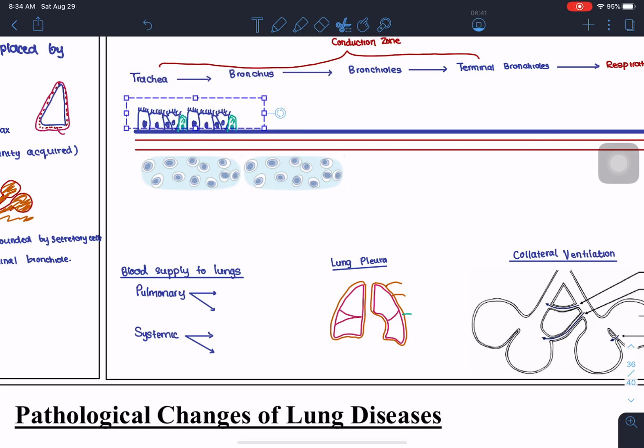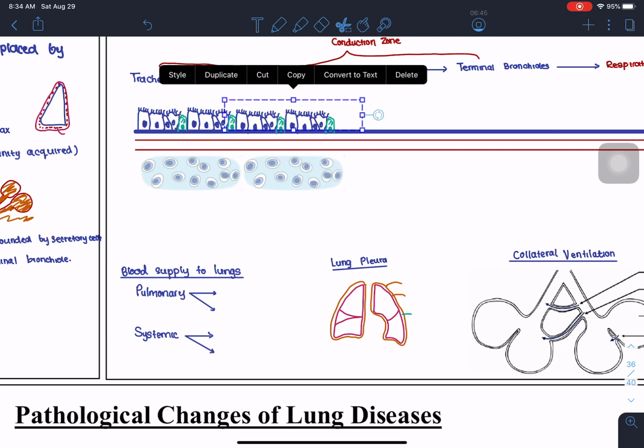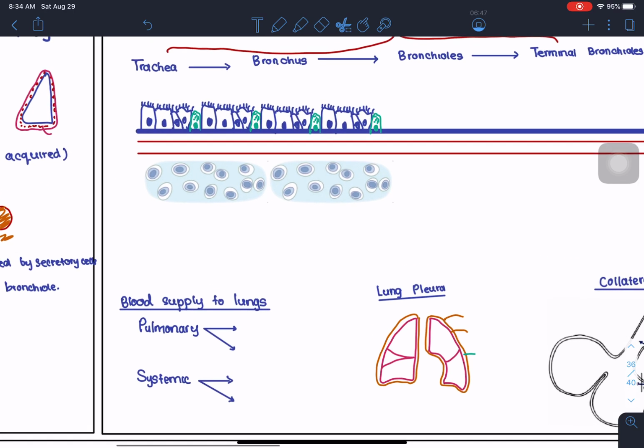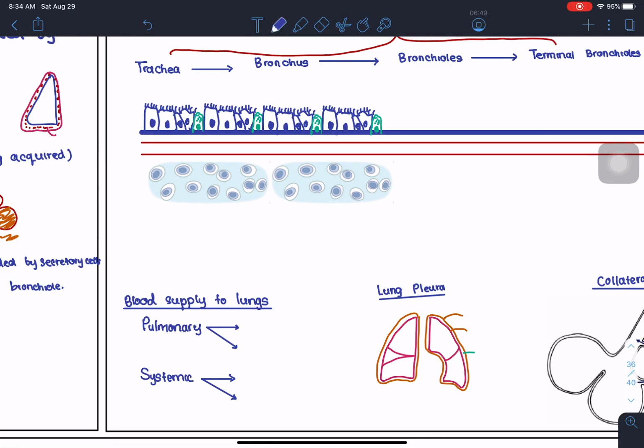So you get pseudostratified columnar ciliated epithelium.